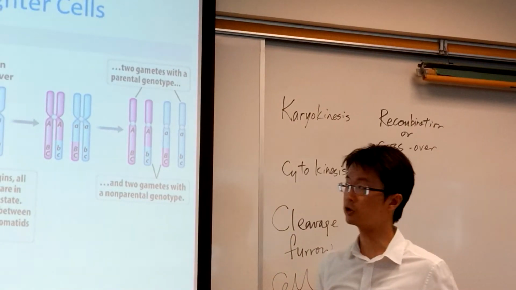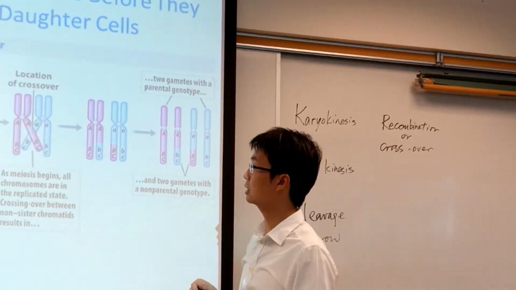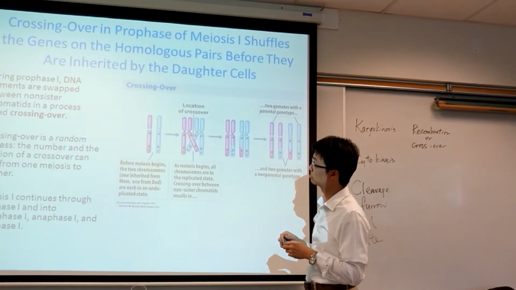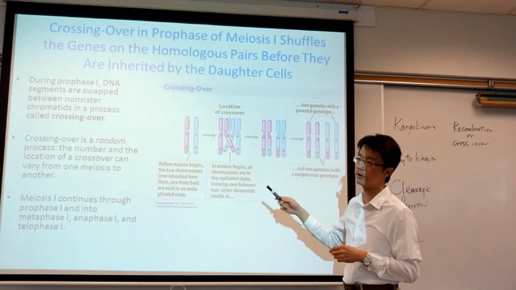Crossover and recombination occurs in prophase 1.